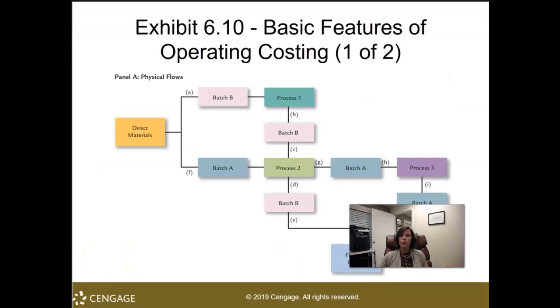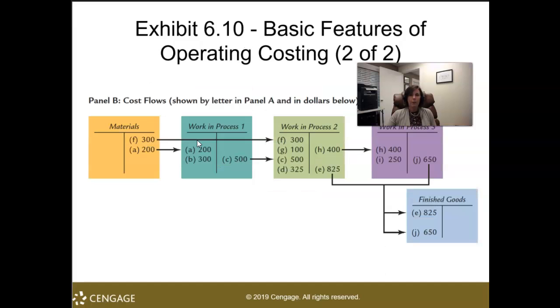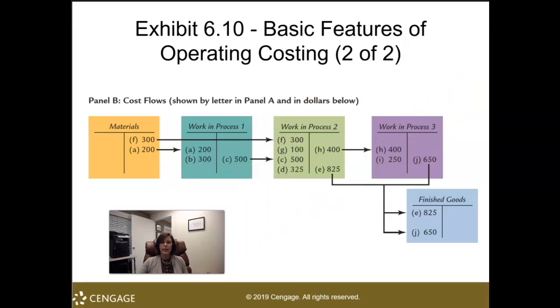And so this slide, you will want to follow in conjunction with the next one I'm going to show you, because this follows the flow of having two different batches but very similar processes and how they come together and end up in finished goods. So I'm going to jump forward and then I'll come back to this slide real quick, because we've got the journal entries, and following these through their journal entries may make this a little bit clearer.